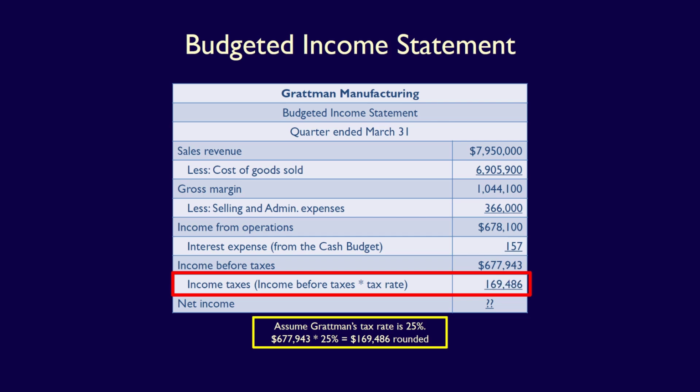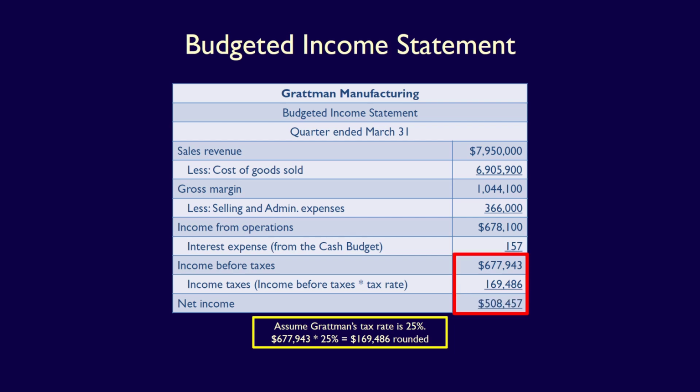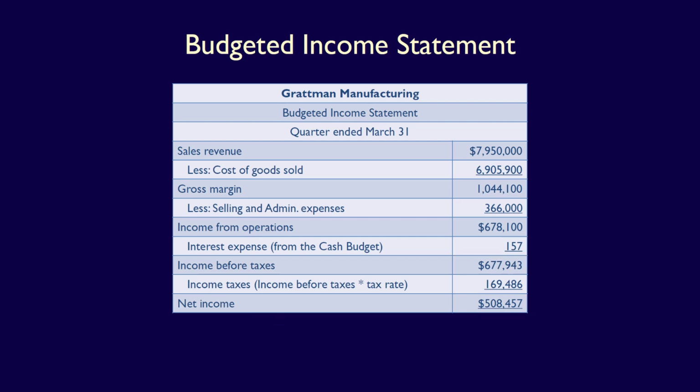This is the income tax expense on the budgeted income statement, $169,486. We can now calculate net income. Income before taxes of $677,943 less income taxes of $169,486 is equal to net income of $508,457. We have now completed the budgeted income statement.